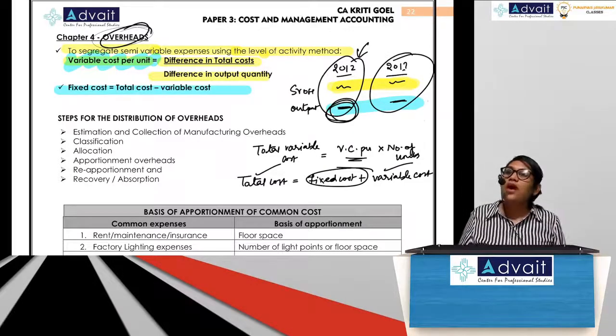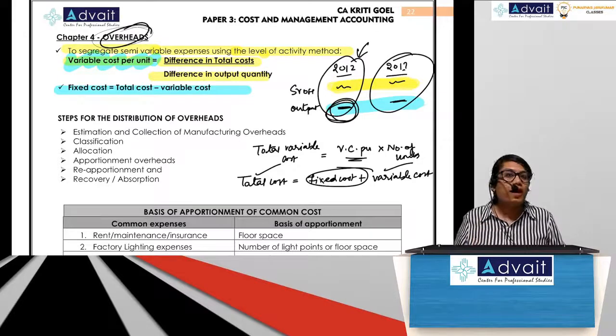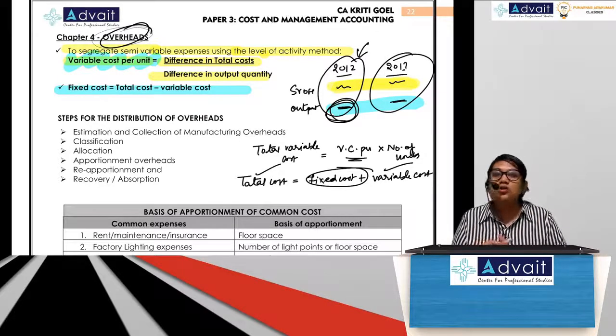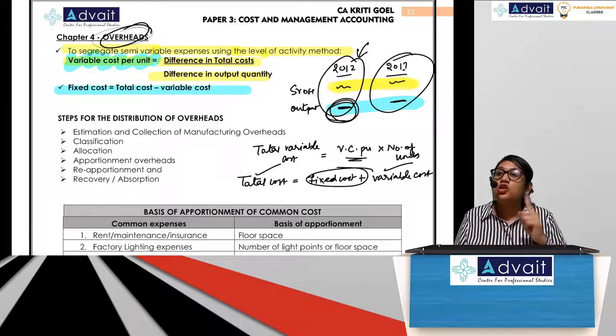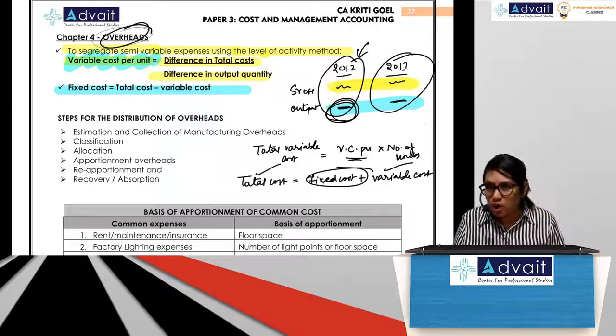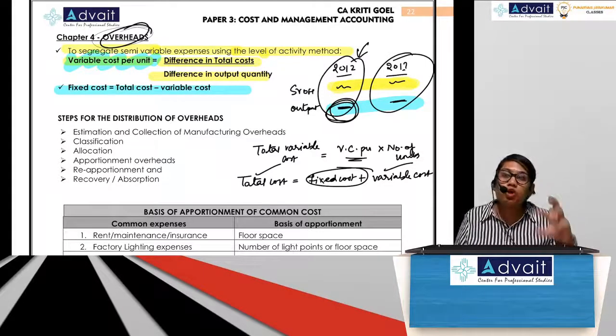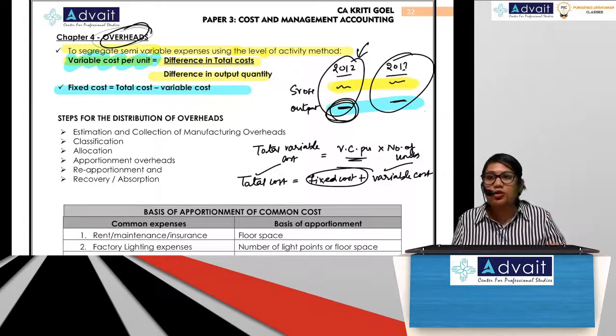So suppose they have given you semi-variable overheads for two different periods, then you will have to calculate the variable cost per unit first, then use that to calculate the total variable cost. You can use any period. You can use 2012 or you can use 2013. And once you've obtained your total variable cost, you can easily calculate your total fixed cost.